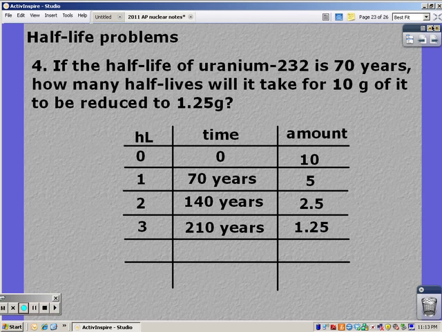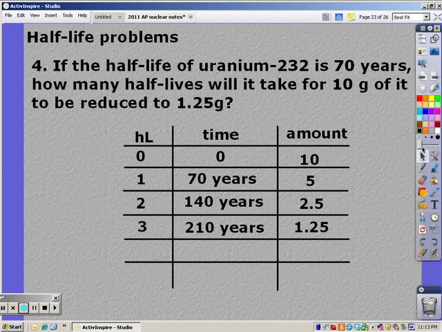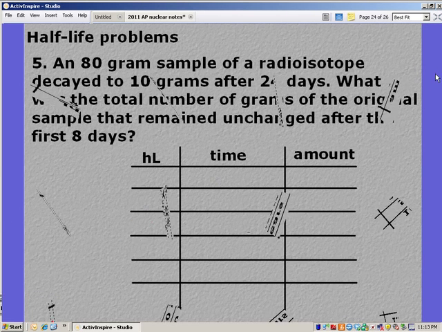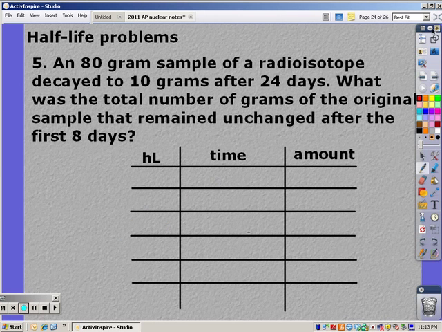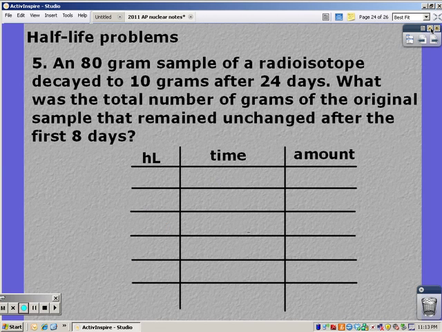And it just wants to know how many half-lives had passed. So our answer is 3. So in this case, we didn't really need that middle column. And sometimes you can only have 2 columns because they don't give you enough information to fill out all 3. But start with a 3 and then figure out what you know and where you can put more info.